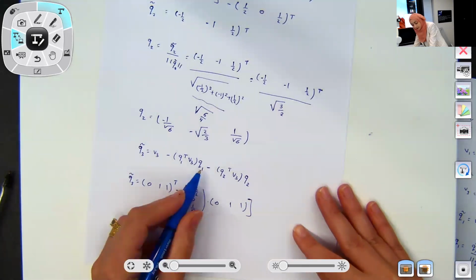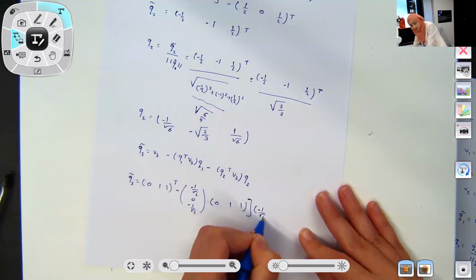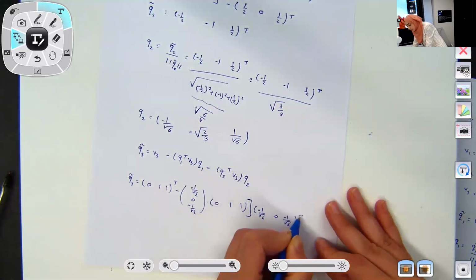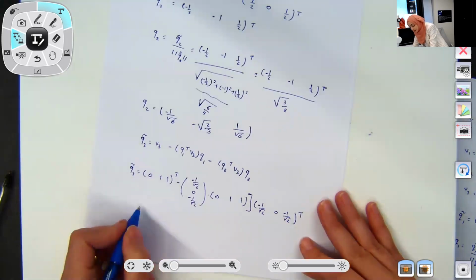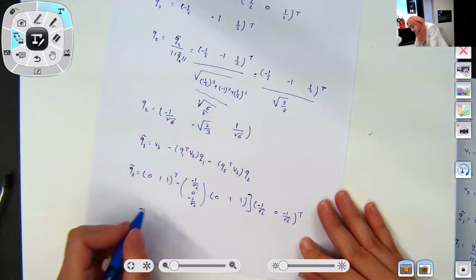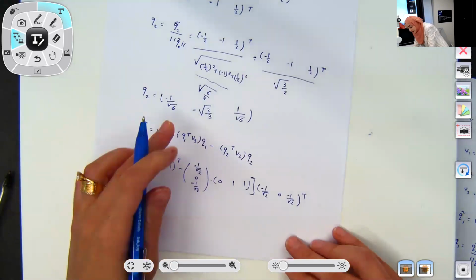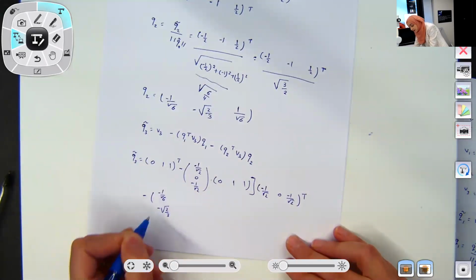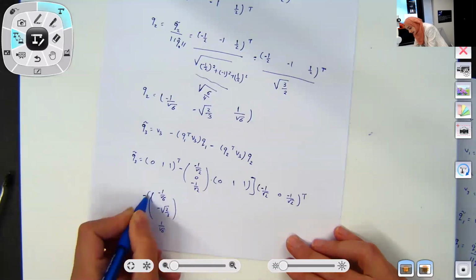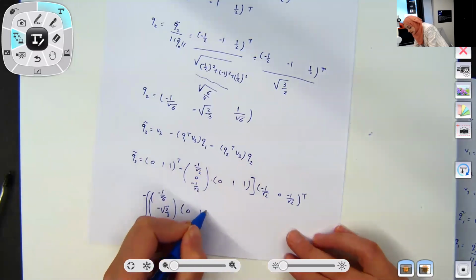This is multiplied with Q1, which equals minus 1 over square root of 2, 0, minus 1 over square root of 2 transpose, minus Q2 transpose, which equals minus 1 over square root of 6, minus square root of 2 over 3, and 1 over square root of 6. This is the inner product with the value of V3, which equals 0, 1, 1.